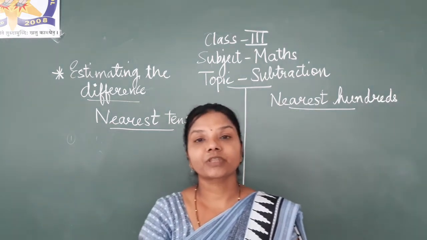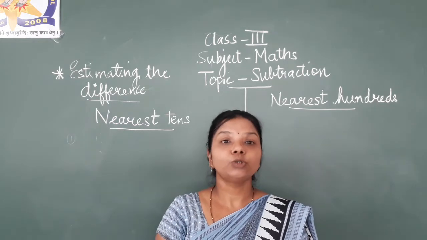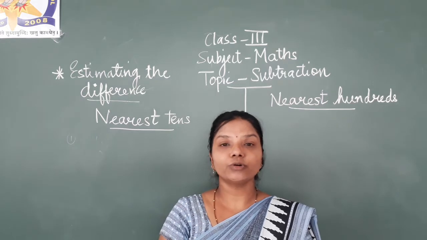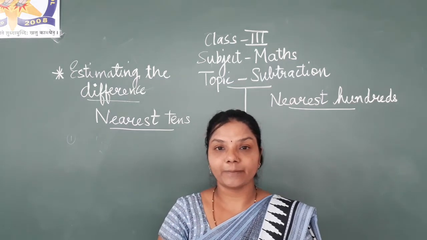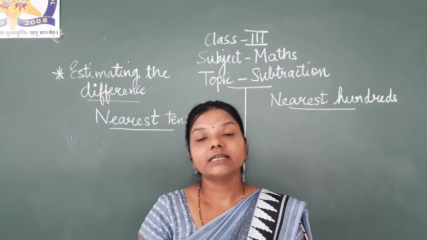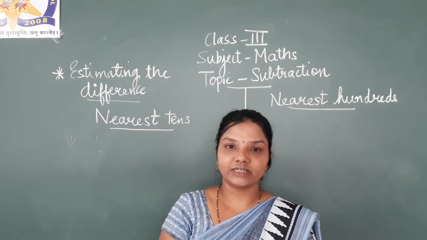In this, we are going to first round off the given numbers to nearest 10 and then subtract them. In this subtraction, we are going to find out the estimated difference as well as the actual difference.